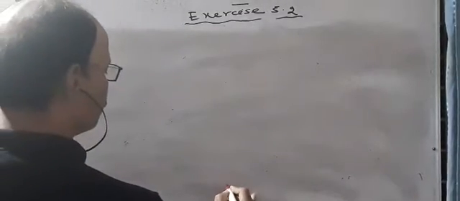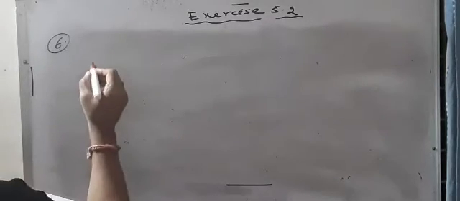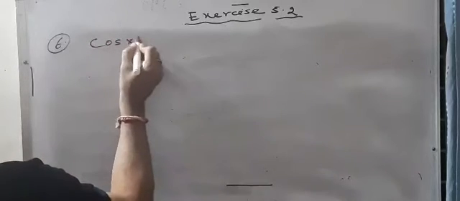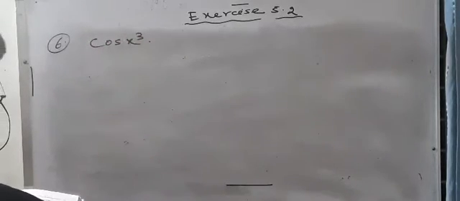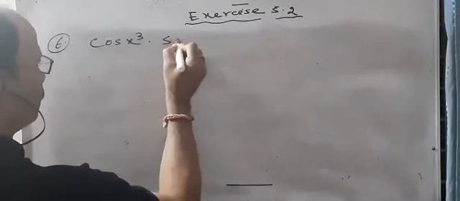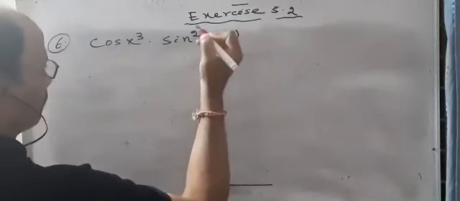Question number 6 is cos x cube dot sine square x to the power 5.